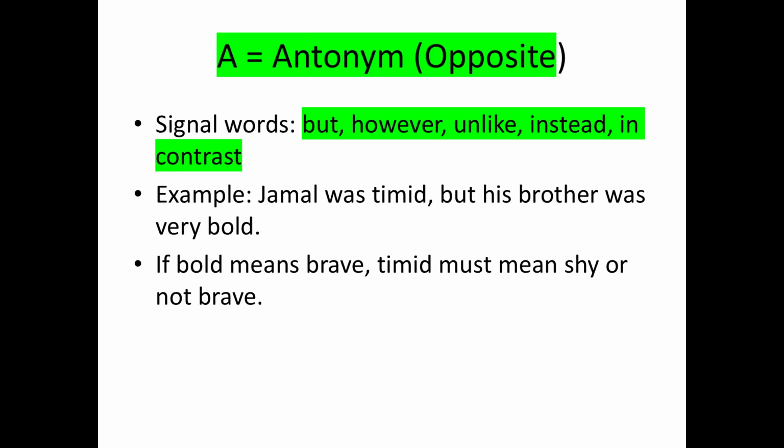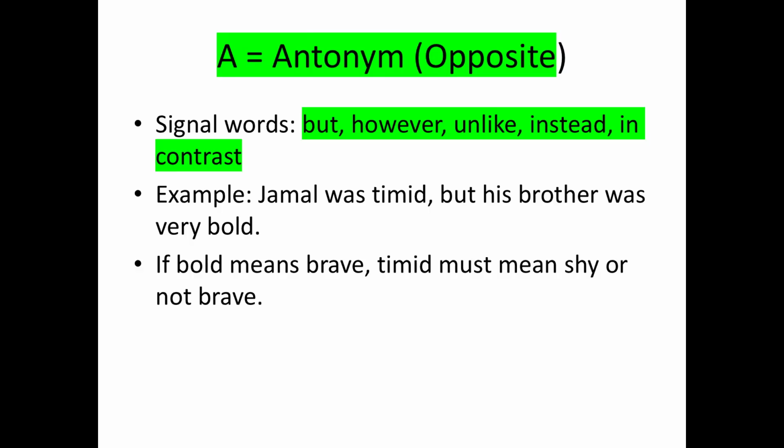Jamal was timid. But, oh, that's a signal word. His brother was very bold. So I see the word timid. I see the word but. Now I need to look for a word that is opposite.